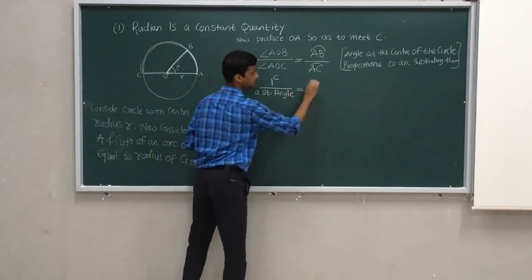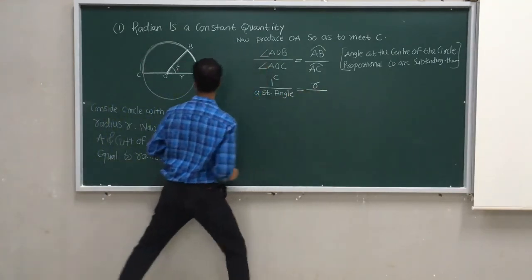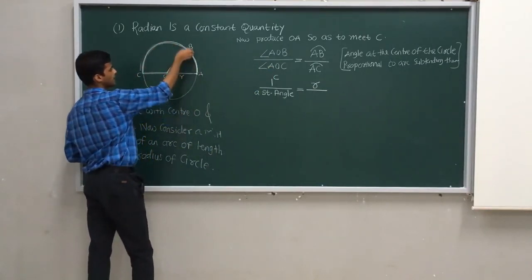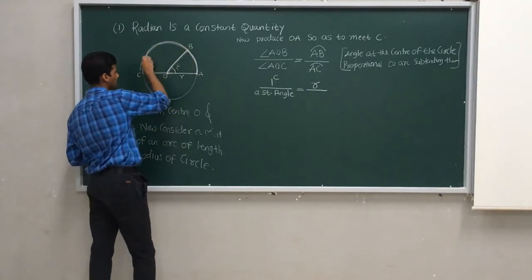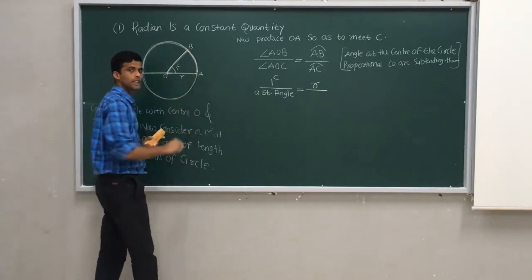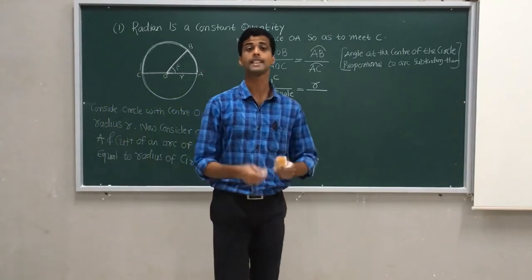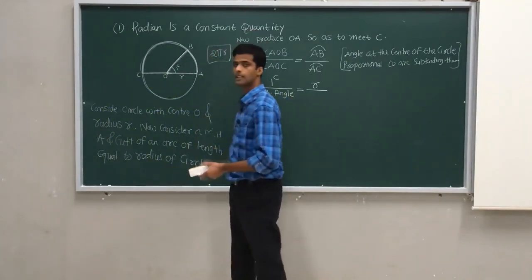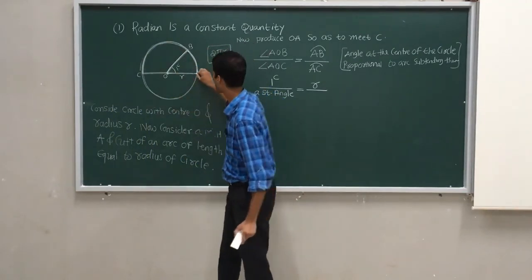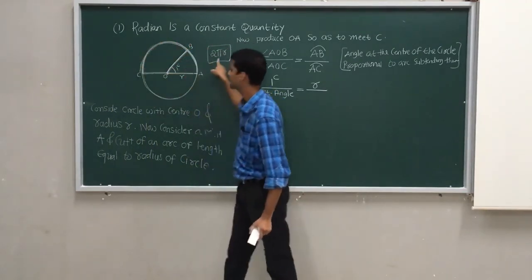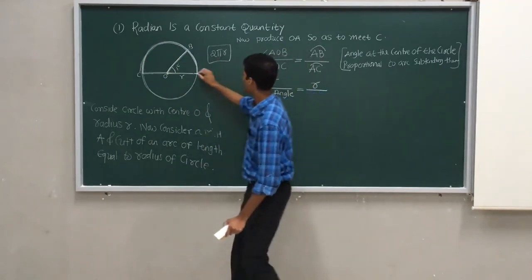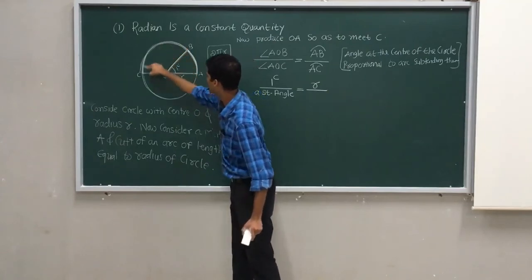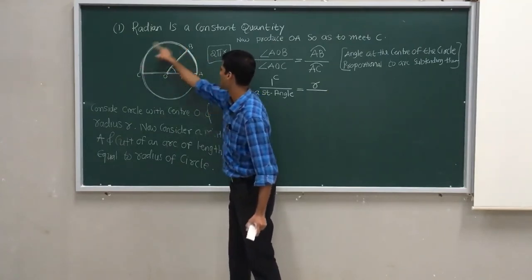We'll call it r, divided by arc AC or arc ABC. We all know the circumference of a circle is 2 pi r. But I am not taking the complete part, I am taking half of that, which is pi r. Therefore, AB means r because this length is the same as the radius, and ABC or AC means half of the whole, which is pi r.